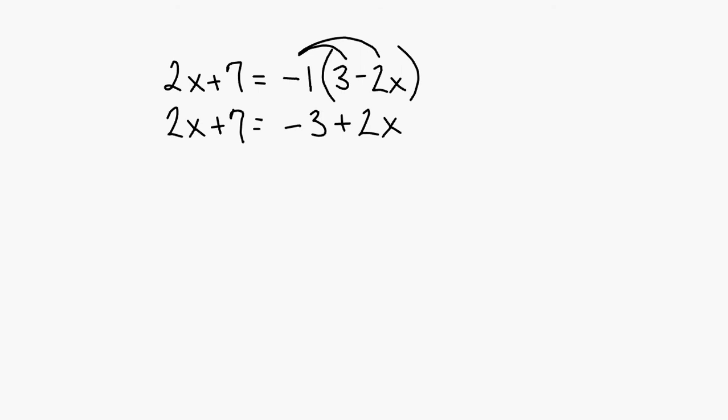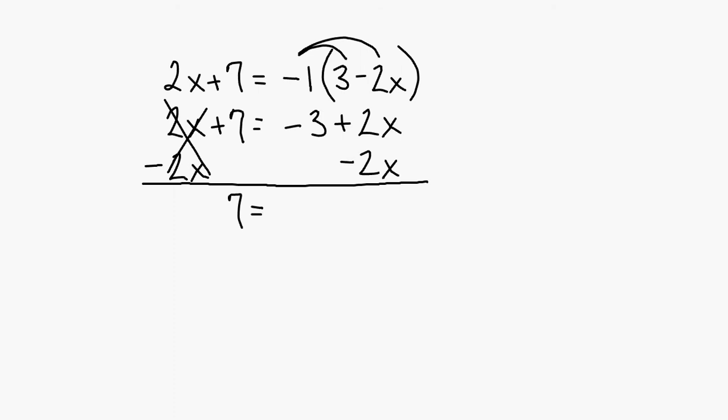So now if you try to get all the variables on the left-hand side of the equation, if you subtract 2x from each side, watch what happens. 2x minus 2x is 0. These two cancel out. The 7 falls down. The negative 3 falls down. And the 2x's on the right-hand side cancel out.